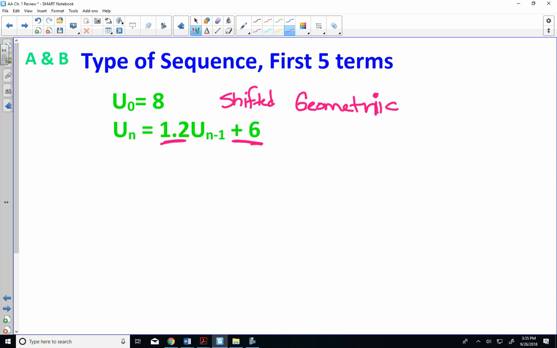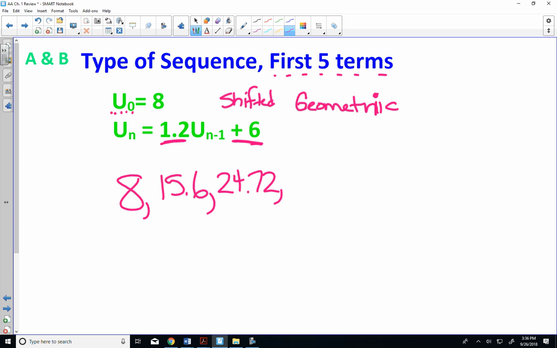And then to figure out the terms, since we're writing the first 5 terms, the first term is 8. Even though it says it is u sub 0, 8 is still the first term. Then to figure out the next term, you take 8 times 1.2 and add 6 to it to get 15.6. And then you have to take 15.6 times 1.2 and add 6, and you will get 24.72.